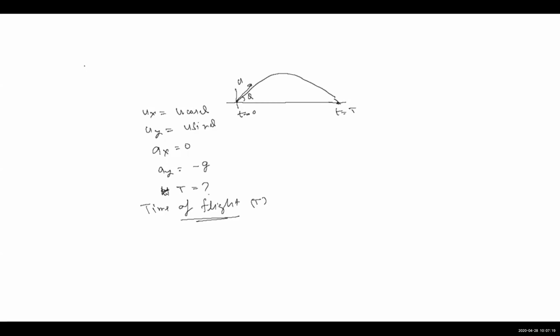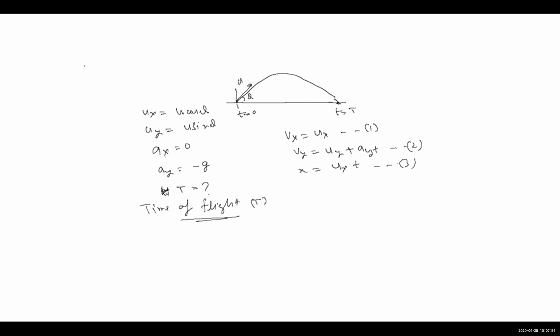We have four kinematical equations. Just for reference, I'll write them again. Vx is ux, that was the first equation. Vy equals uy plus ay t, that was the second equation. X equals ux into t, that was the third equation. Neha, any doubt? No, sir.